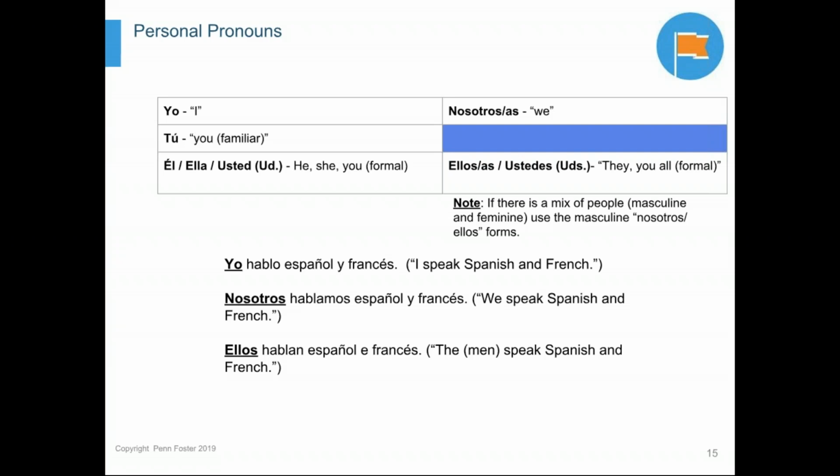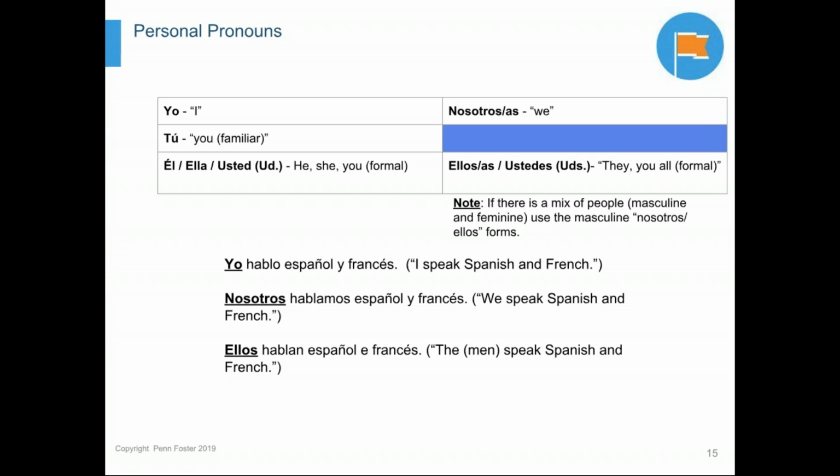All right, for the one on the second level, the word familiar just has to do with your relationship with a person. If you know the person, if you're related to them, friends with them, etc. If you're speaking to them directly, you can use the word tú. However, there's another form of you in Spanish. If you look right below that, the word usted also means you, but in a formal or an unfamiliar context.